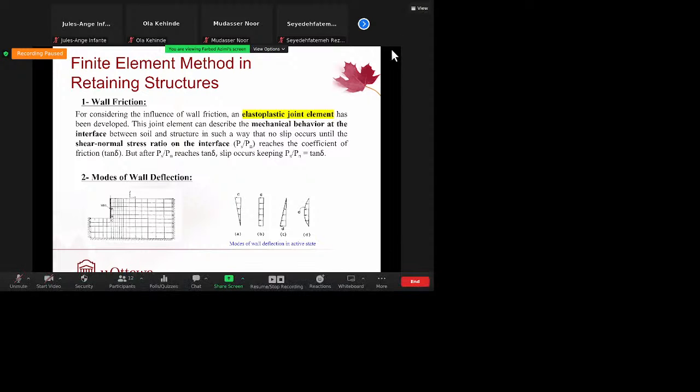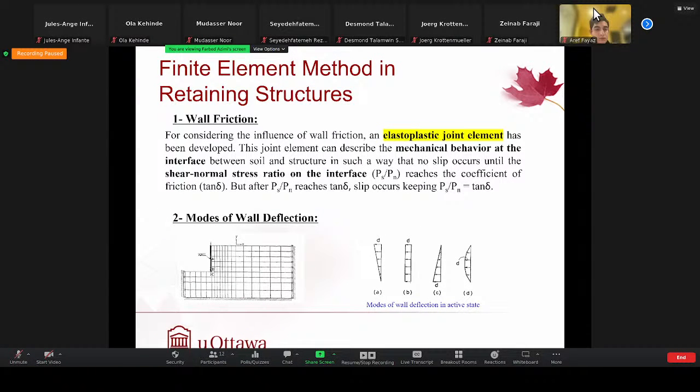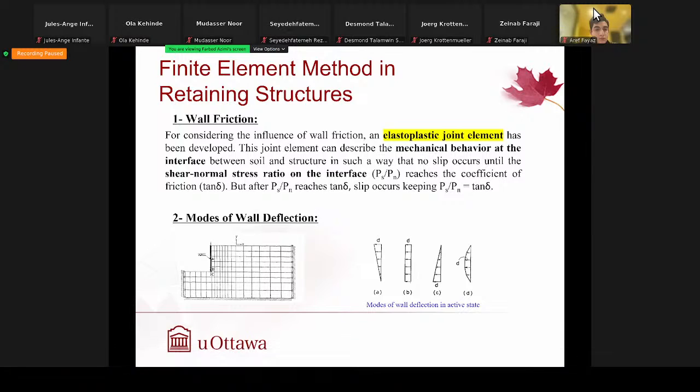For this phenomenon, the shear to normal stress ratio on the interface of the wall and the soil we consider equal to tangent delta, which is the coefficient of friction.